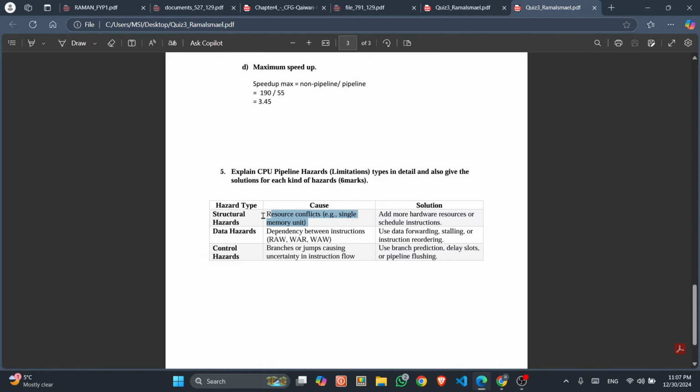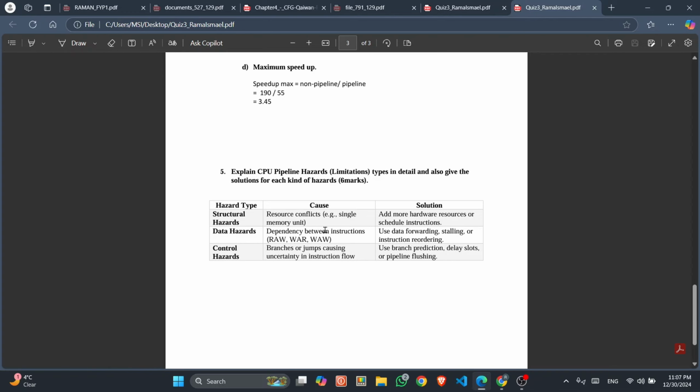The cause of structural hazard is that it occurs when 2 or more instructions in the pipeline need the same hardware resources simultaneously, which means at the same time. So we have to add more hardware resources or schedule resources so they are sufficient.